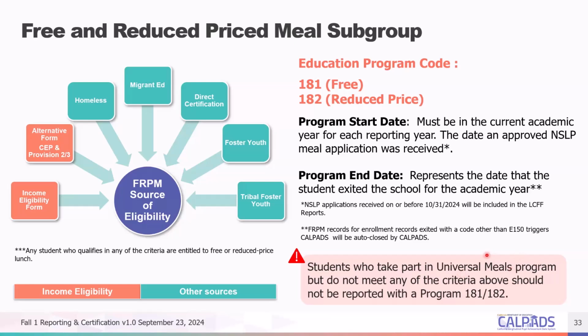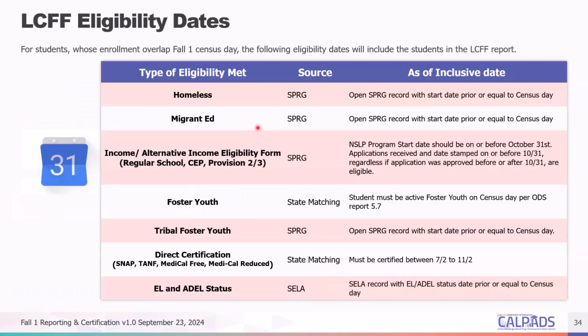You only report a program 181 or 182 if they qualify based on this criteria here. All right, so let's discuss the eligibility dates, because this is important. Even if you submit all of the data to CALPADS, if the student's dates are after census day or after a threshold or cutoff date, they won't be included on your LCFF reports.